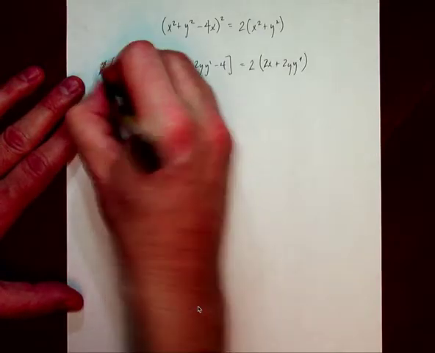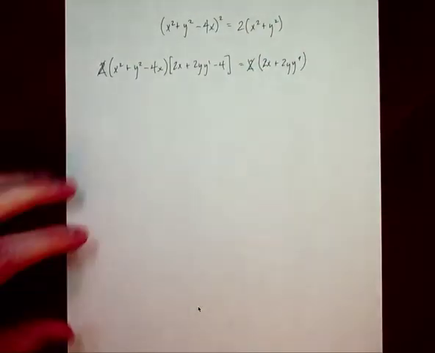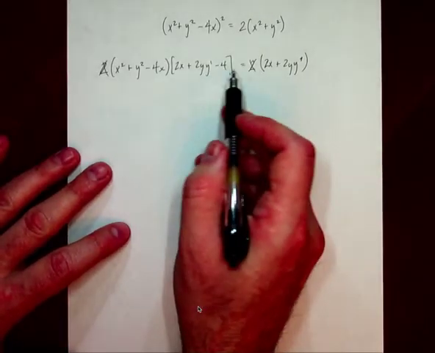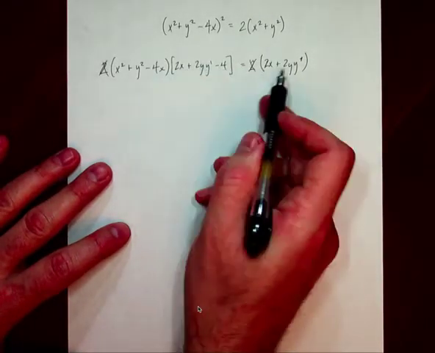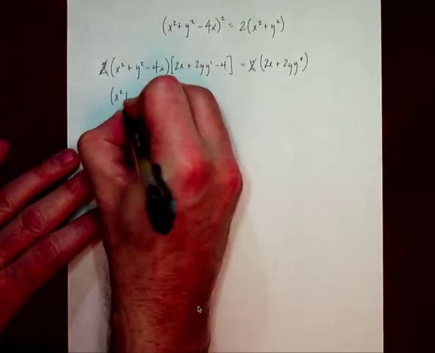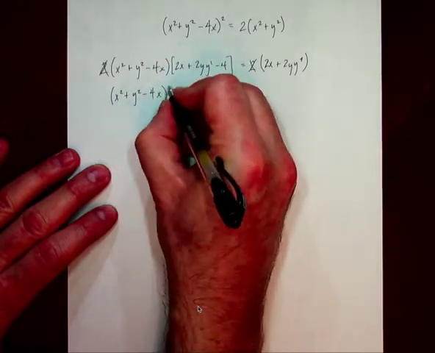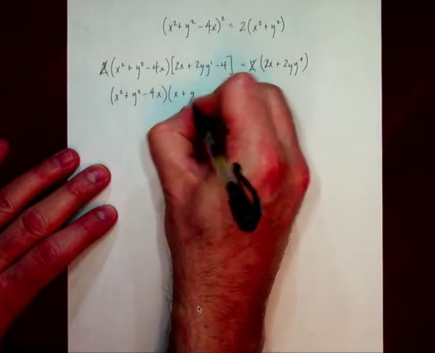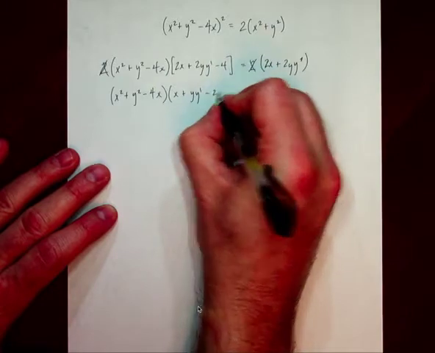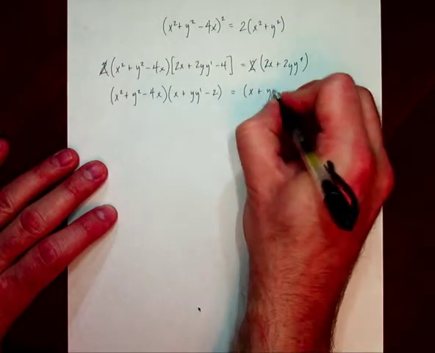Now, thankfully, that 2 and that 2 can very easily be canceled out. Also, the 2 in here can be canceled with the 2 in here as well. And so you're going to get (x squared plus y squared minus 4x)(x plus y y prime minus 2) equals (x plus y y prime).